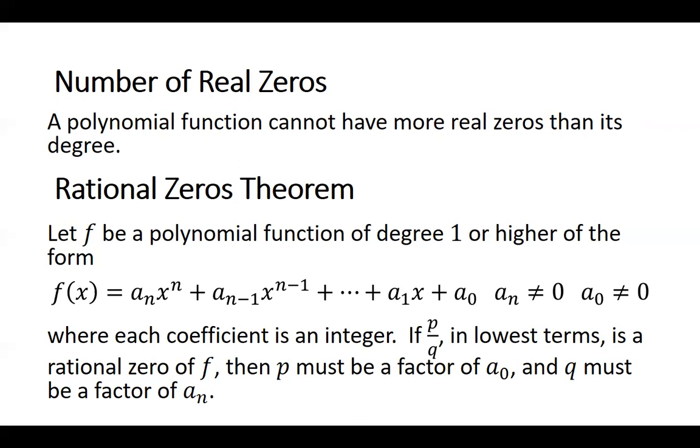So basically we take a sub 0, our constant term, factor it, find all its factors, and those are our values that we can plug in for p. We take the leading coefficient, a sub n, find all of its factors. Those are the values we plug in for q, do the division, and we get the list of all possible rational zeros. We can then go through and try them out and see which ones work and which ones don't.